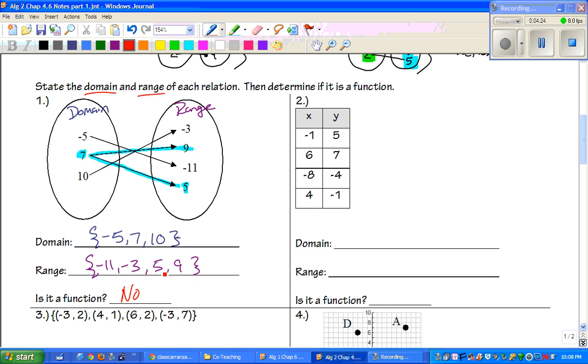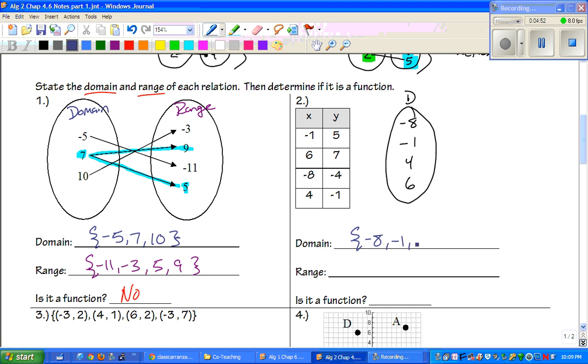Now, let's take a look at the next one. Now we've got a table, x and y. Remember that x's are your domain. One of the things that might be helpful is if we rewrite the domain with -8, -1, 4, and 6, which happens to be right here.